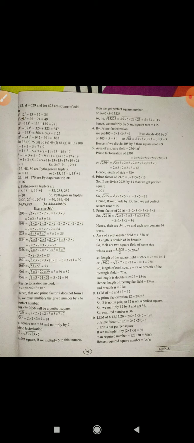So 7056 will be a perfect square. We write the prime factors, take one from each pair and then multiply. So we get 84, and this 84 is the square root.